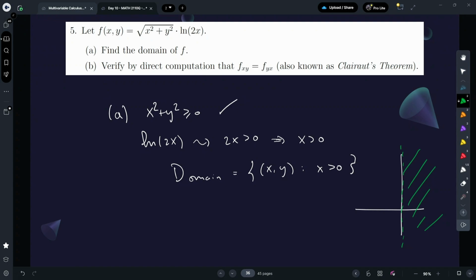You have to look for more examples of this type, where you identify where the function makes sense. If you describe the domain as all x and y such that x is bigger than 0, I think that's fine.